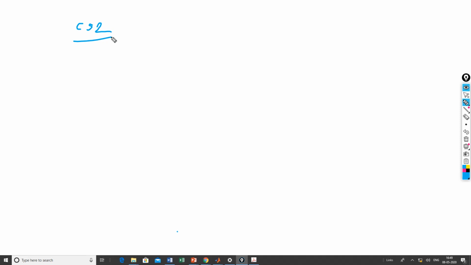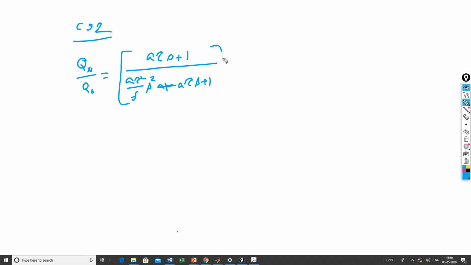You've got n tanks in series, and therefore Qn by Q0, because Q0 is what you're manipulating, is going to be, that's going to be the transfer function for CS2, Qn to Q0. For CS1, on the other hand, we will have to derive.